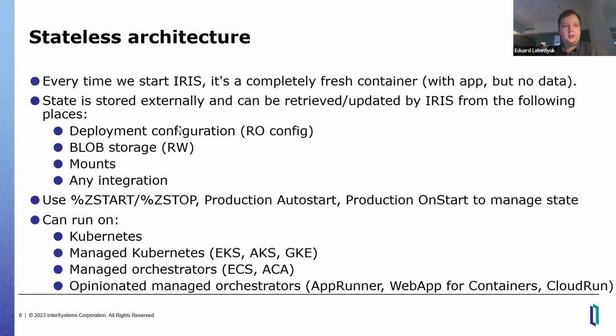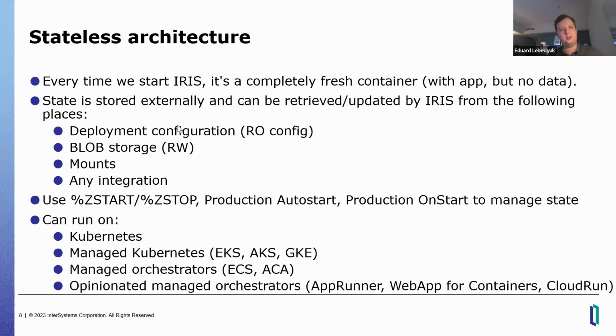Now, when I say stateless, it doesn't mean that we don't have persistent state. It just means that it's not stored in Iris. So how do we store state? State is stored externally and retrieved from the following places. First of all, deployment configuration, so it would be a task definition or a pod definition, basically a definition of the workload that is external to Iris, and Iris is created based on this definition.